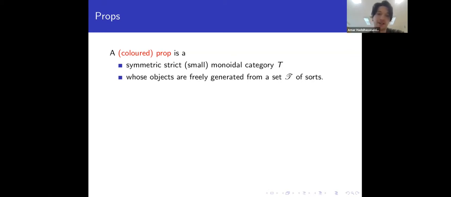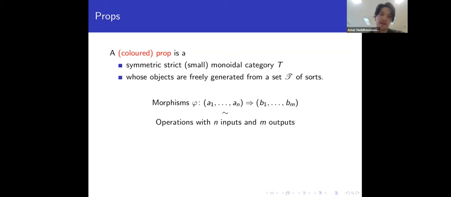The idea here is that I can see the type of a morphism in a prop as a list of sorts in the input and a list of sorts in the output, which may be empty. And the interpretation that we give to this is that a morphism of this type is an operation with n inputs and m outputs.